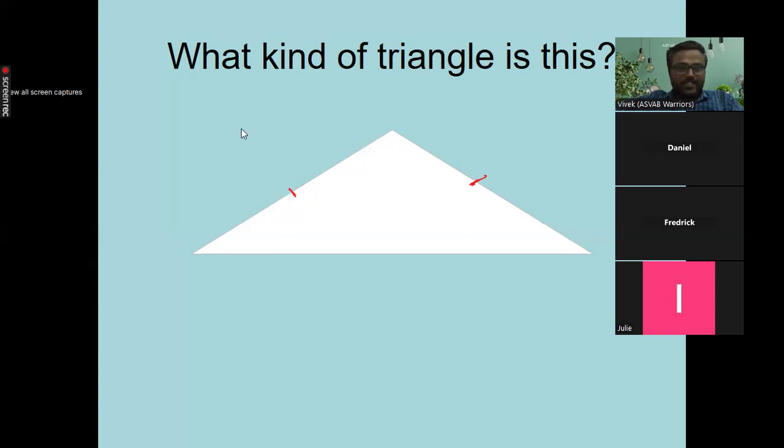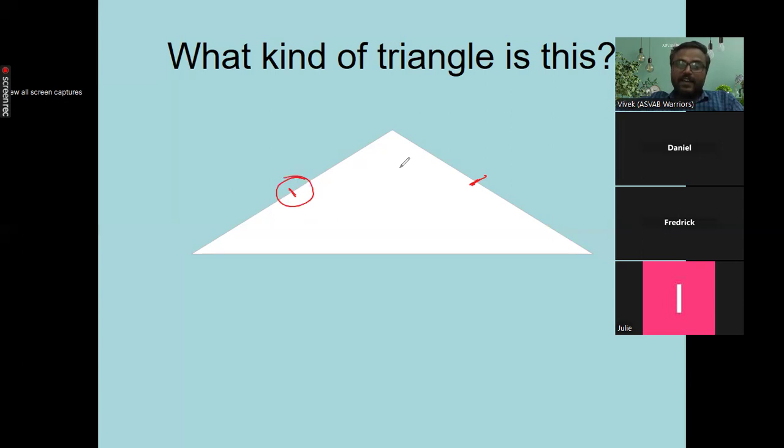Julie says isosceles. Awesome, Julie. Jacob says +1, meaning he is also agreeing with Julie. Awesome. So why are you saying this is isosceles?